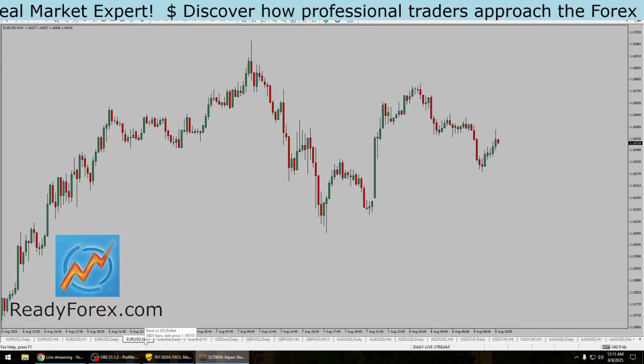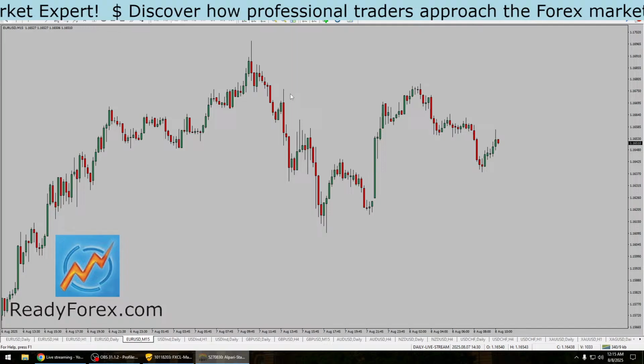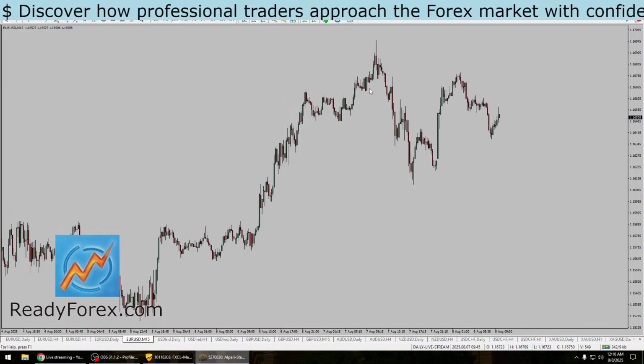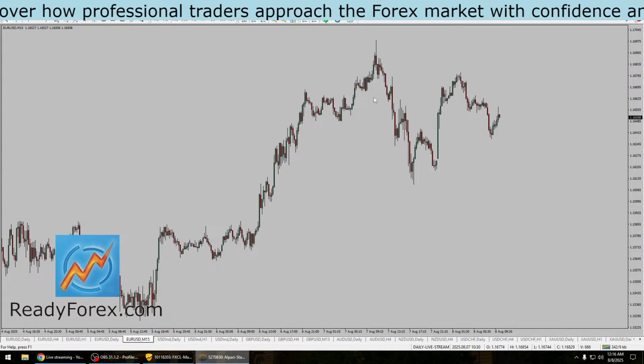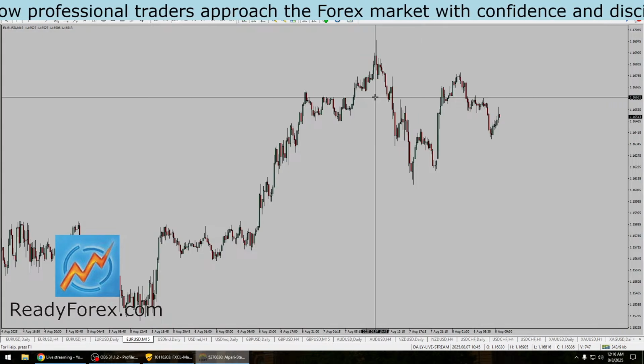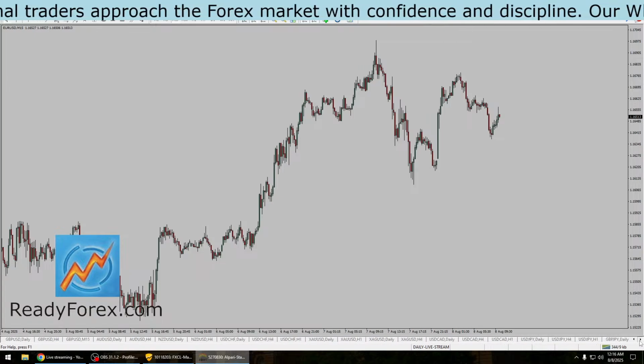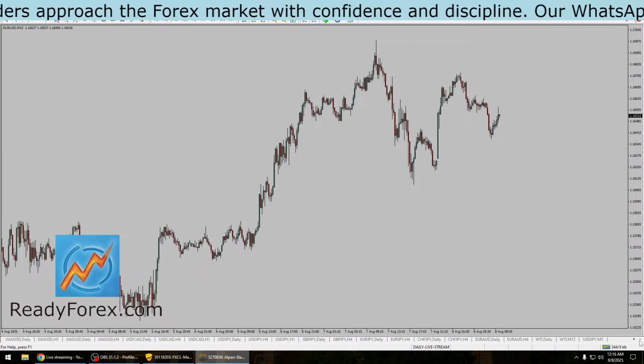If we go over to a smaller time frame, like a 15 minutes time frame, it seems to me price action is trying to move sideways over here. Okay, so let's go back to the dashboard.